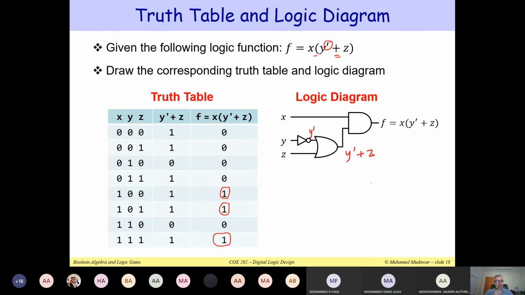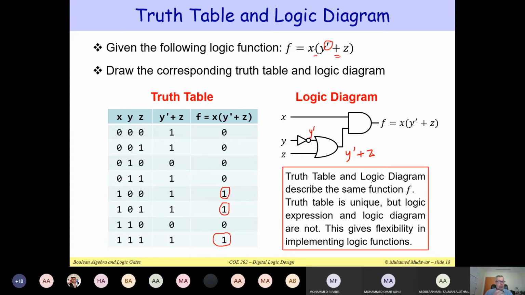So given any Boolean function, you can write it as an expression. And then once you have the expression, you can draw the logic diagram for that expression. Notice that the truth table and the logic diagram describe the same function f.